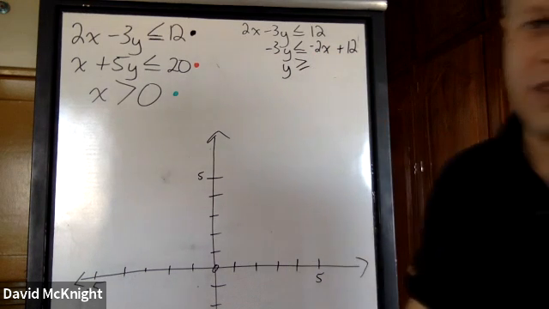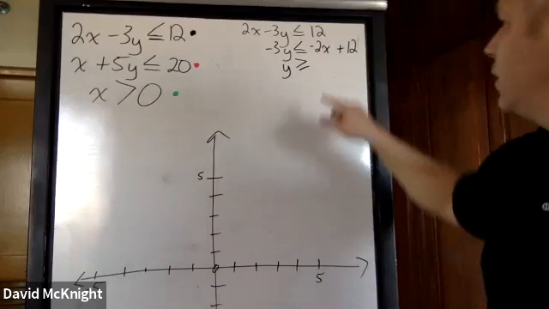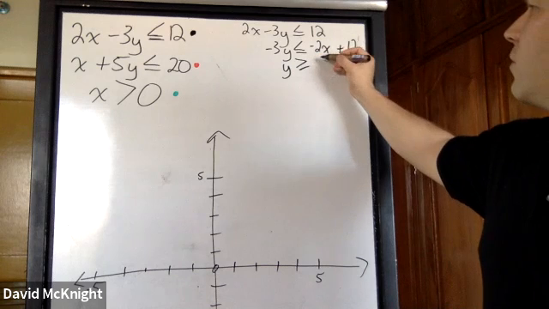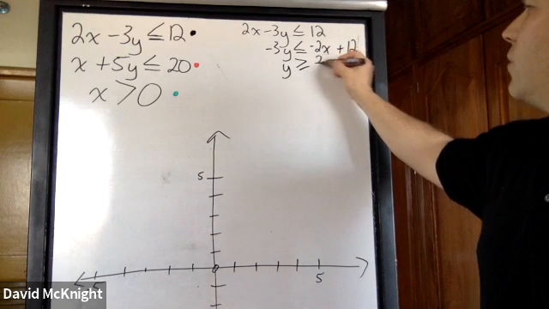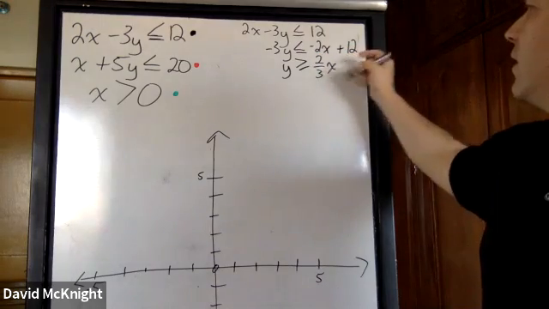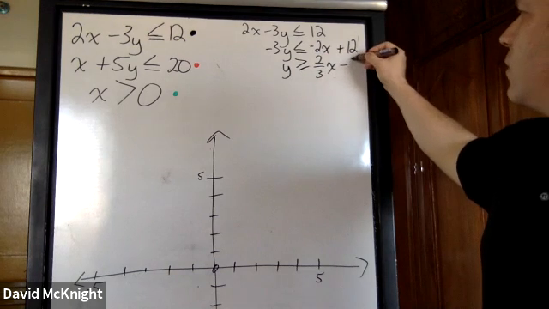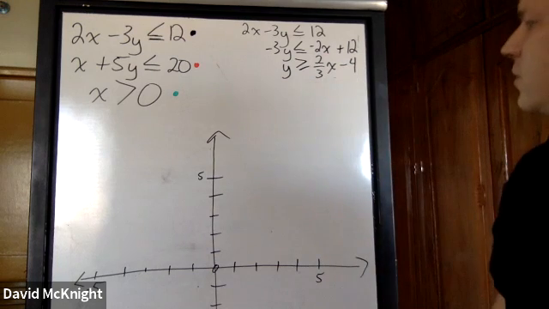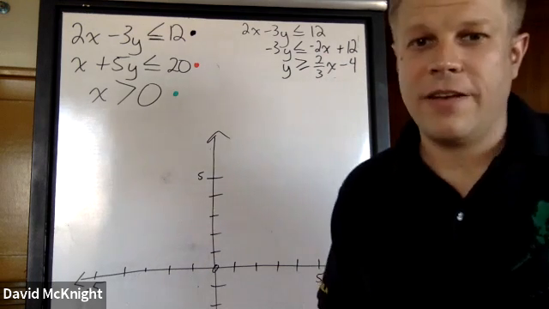That will change what it's shaded too, so that's very important. And it's going to be negative 2 over negative 3, the slope, so negative divided by a negative is positive 2/3 x, and 12 divided by negative 3 is minus 4. So now this one is written in slope-intercept form, and I could graph that.